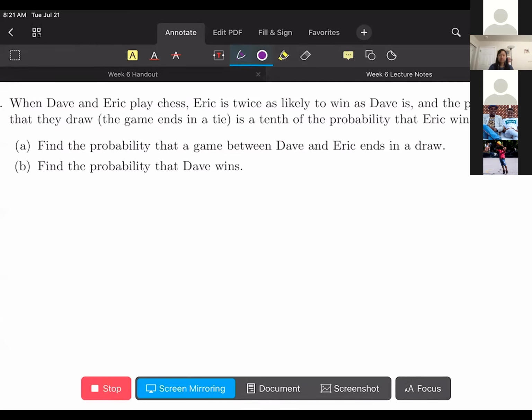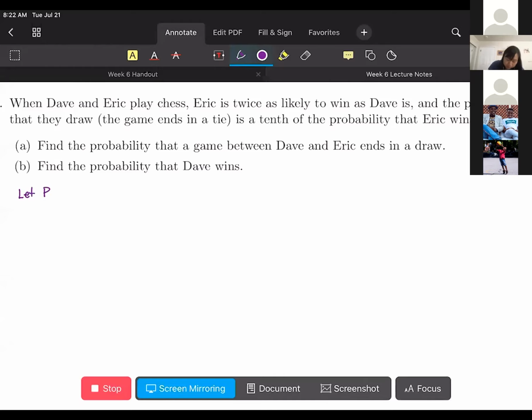Well, we could start by just writing down what we know. We know that the probability of Eric winning is twice as likely. Eric is twice as likely to win as Dave is. So we could say E equals 2D.